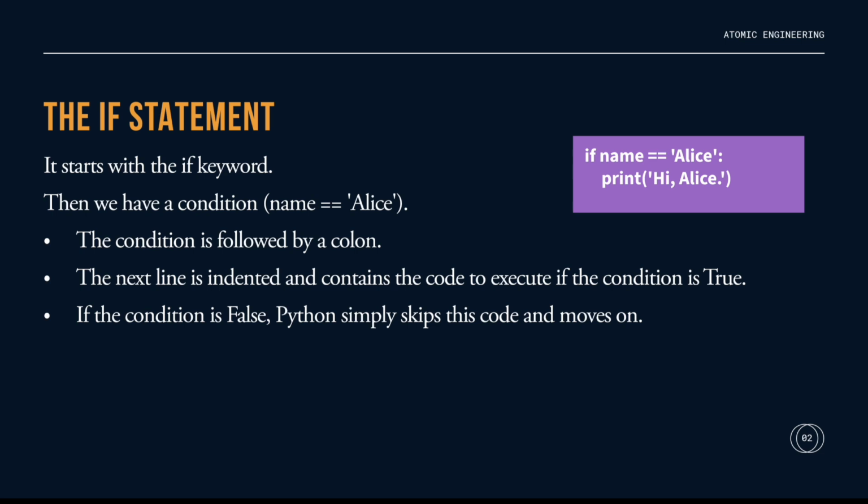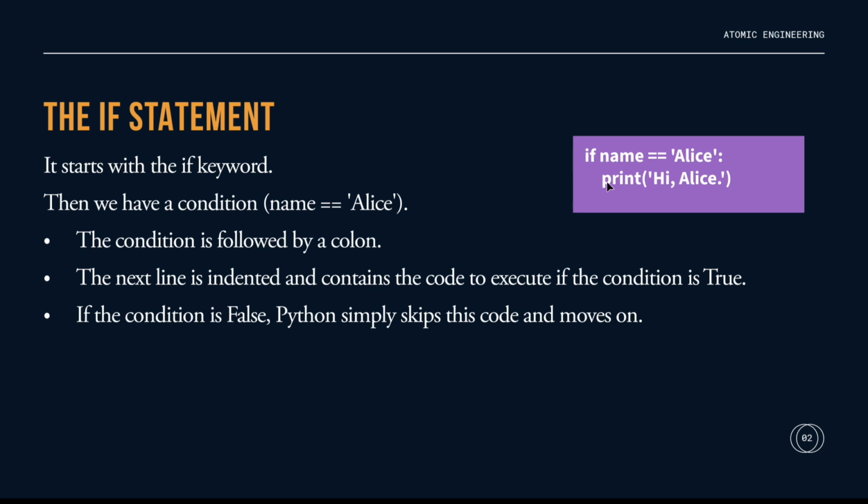The if statement will start with the if keyword, and then it will check for the condition. Here the condition is name equal to Alice. It will check if the name equals Alice, and if the name is Alice it will print hi Alice. We can write anything here, and it should be indented, so it should not have the same indent as the if statement.